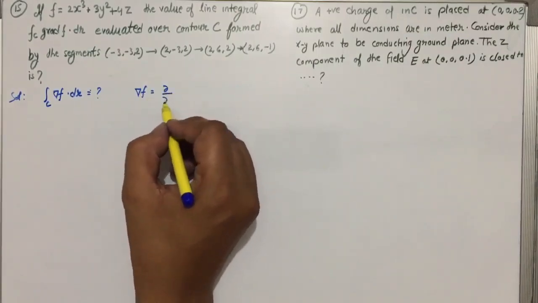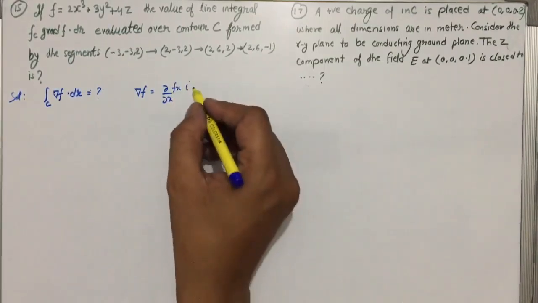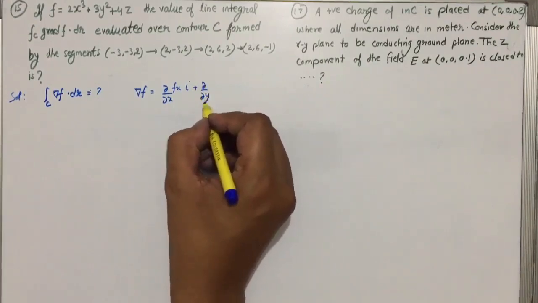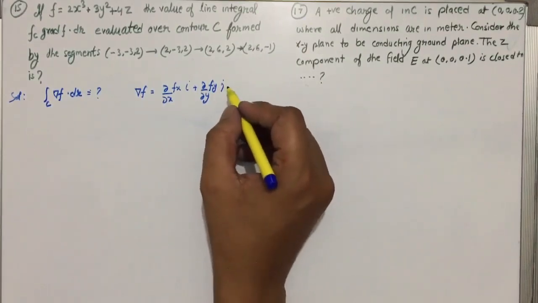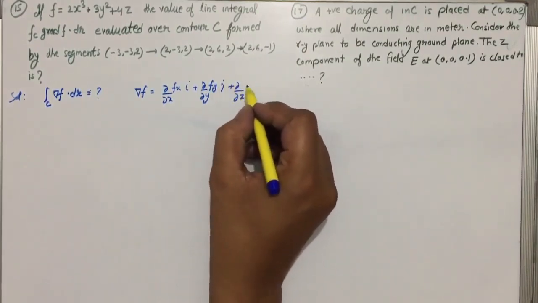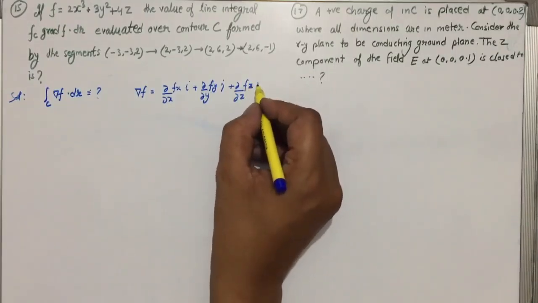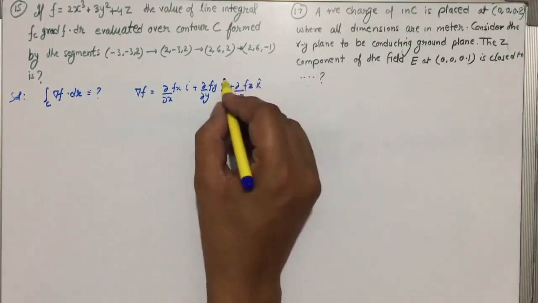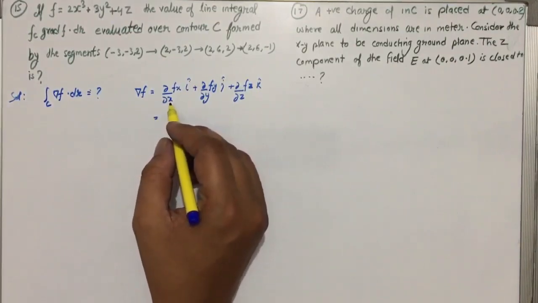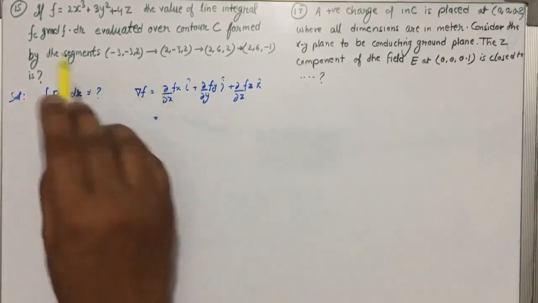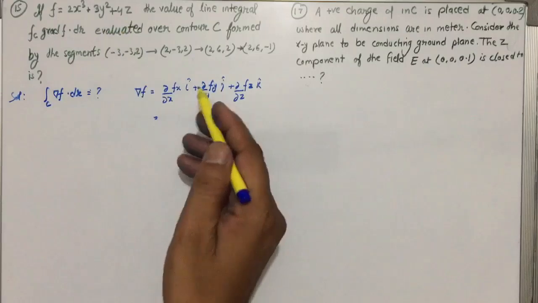We know that this is del over del x of f in the direction of i, del over del y of f in the direction of j, and del over del z of f in the direction of k. Okay, so from here f is 2x cube plus 3x square plus 3y square plus 4z.